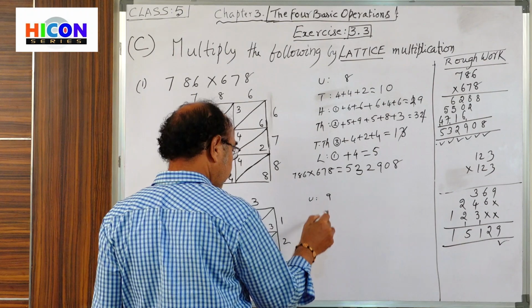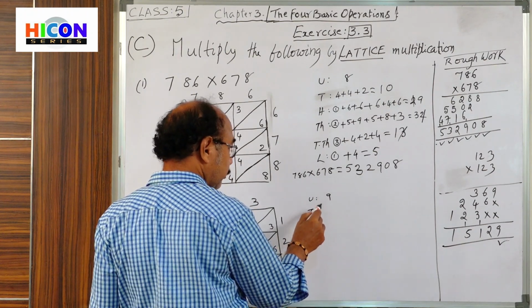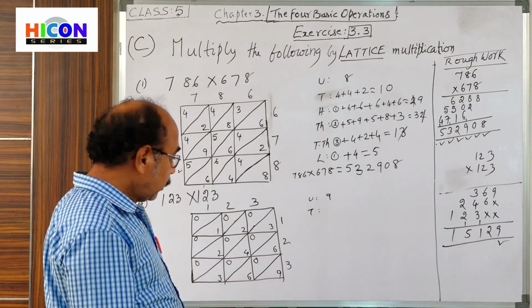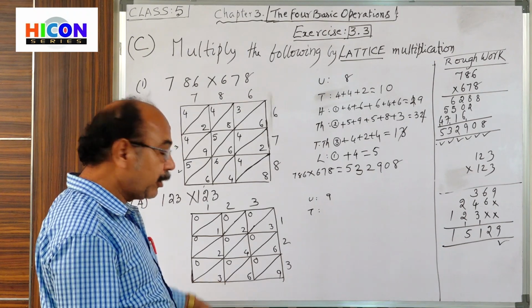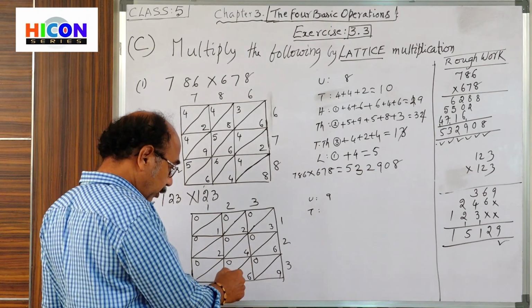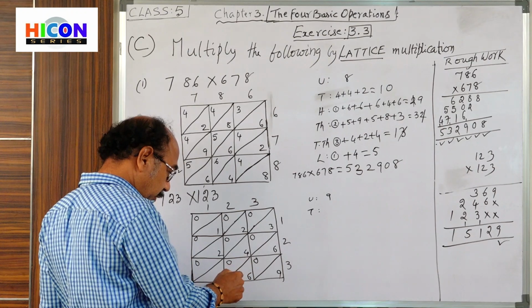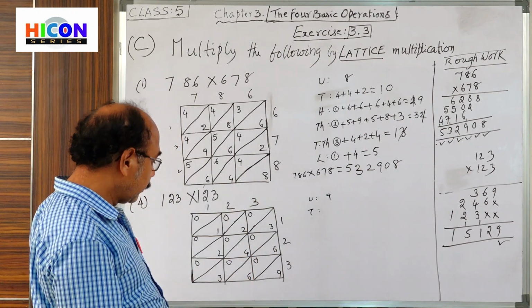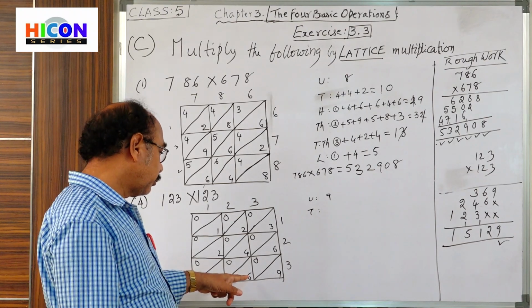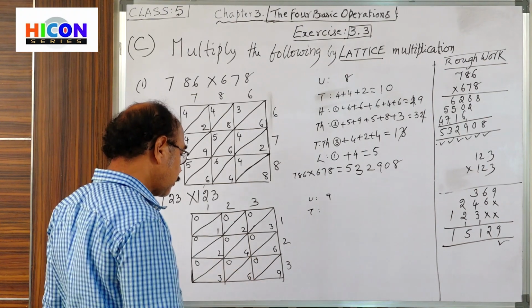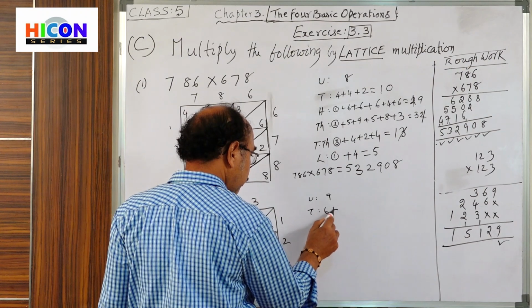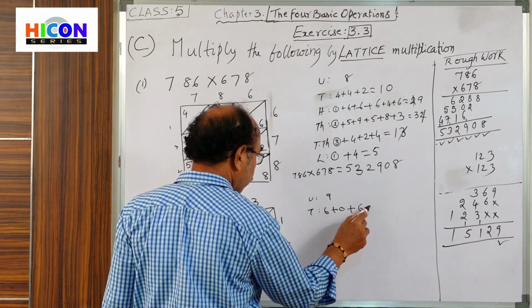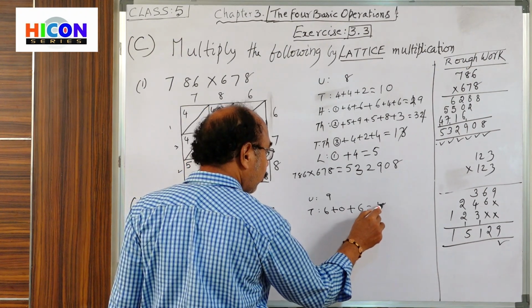Next, come to the tens place. Come to this diagonal. In this diagonal, what are the numbers? 6, 0, 6. How much? 12.